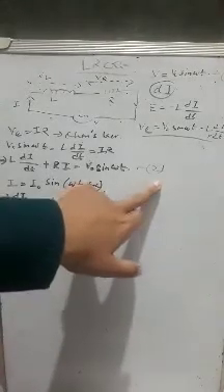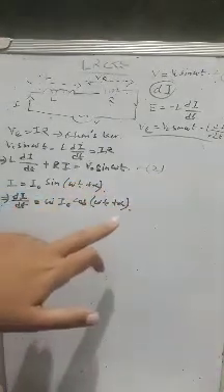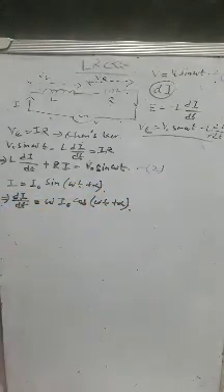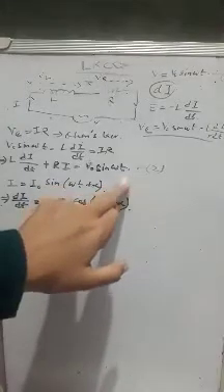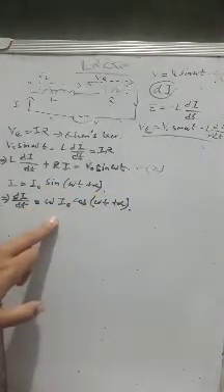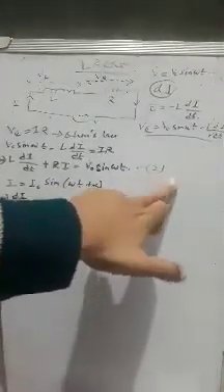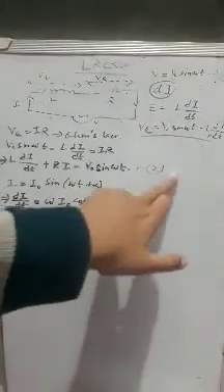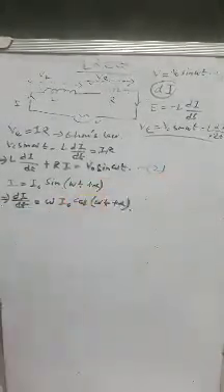Now students, we will put the values of I and di by dt in equation number 2. Understood? This I and di by dt we have to put in equation number 2.